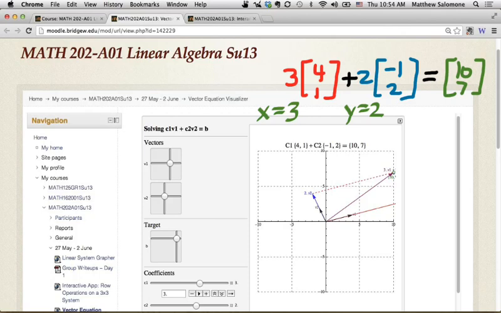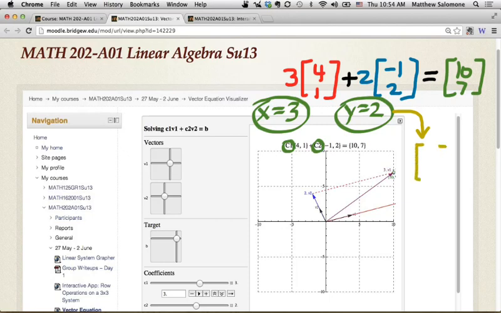So where we're going to push this to today, and we'll start with your reading responses in just a minute, is I want to take these coefficients, c1, c2, or if you like, x and y, and instead of thinking of them as just coefficients in the sense that we can see on this app, I'd like to be able to take x and y and also package them into a vector.